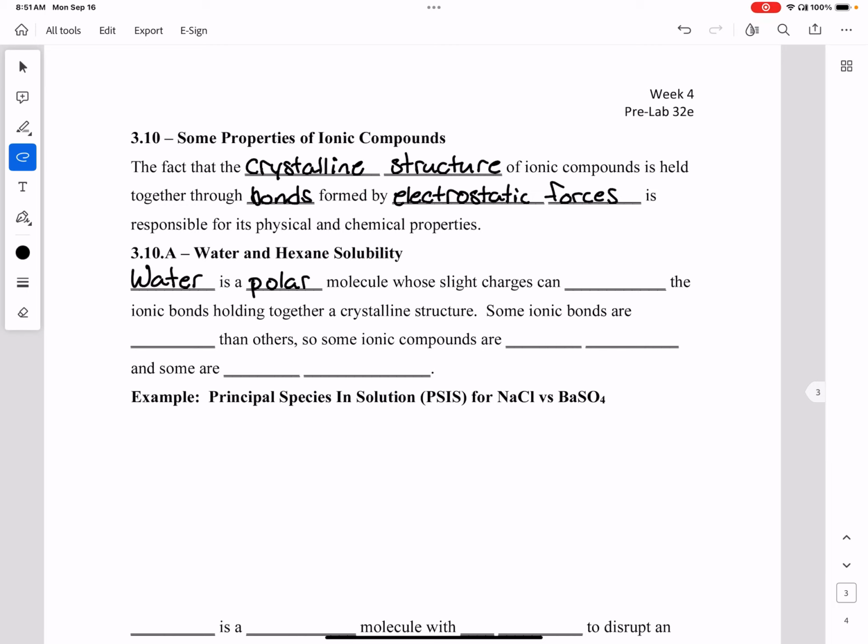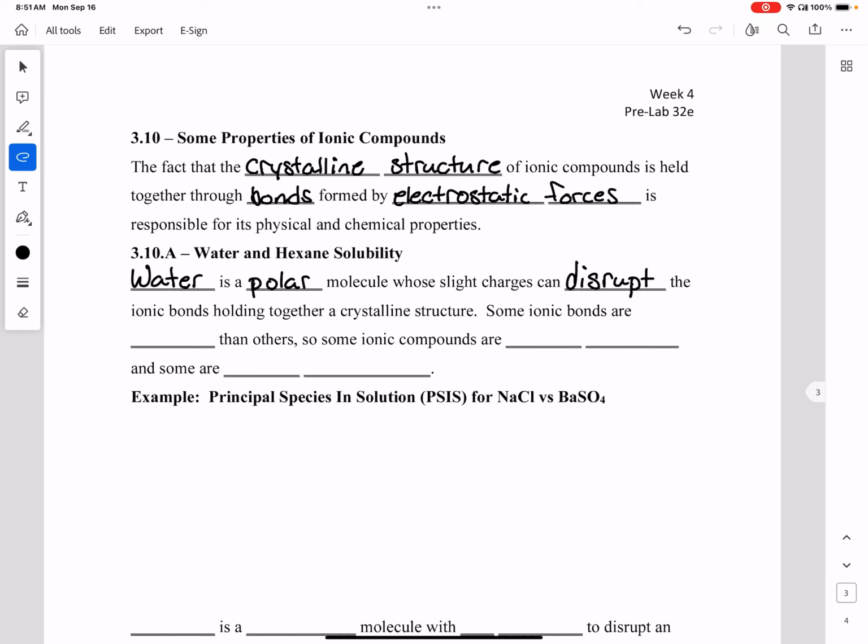So if we put a little bit of salt in water, then water is the solvent. Water is a polar molecule, and the slight charges can disrupt ionic bonds, the ionic bonds held together by the crystalline structure.